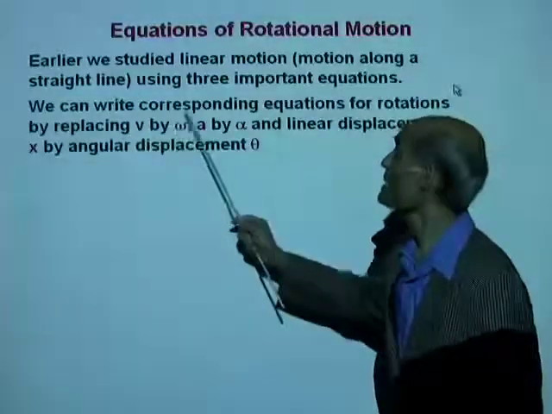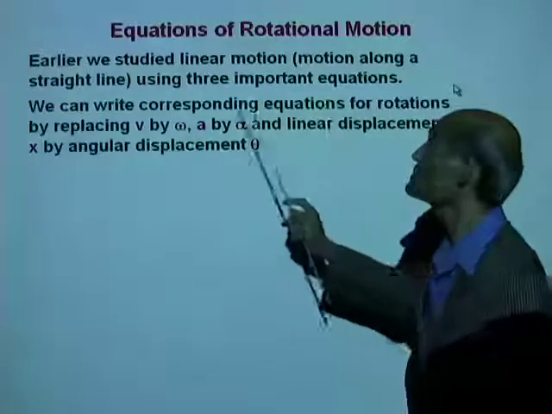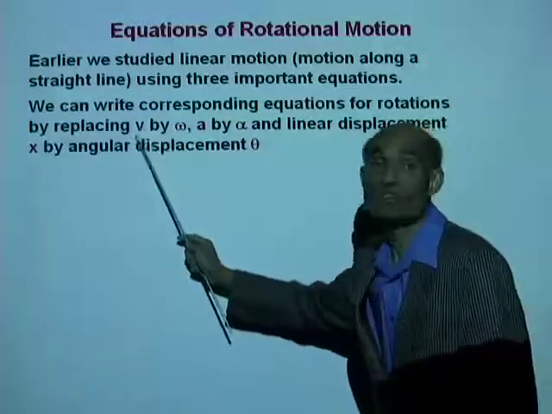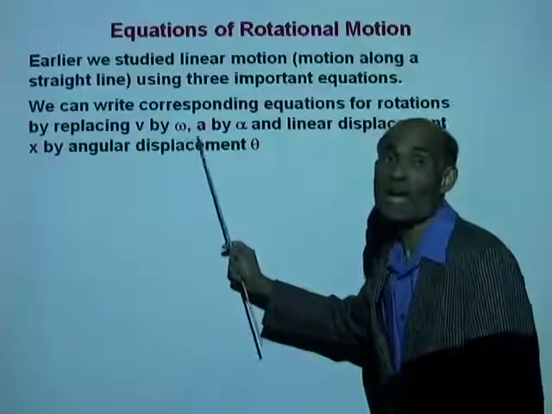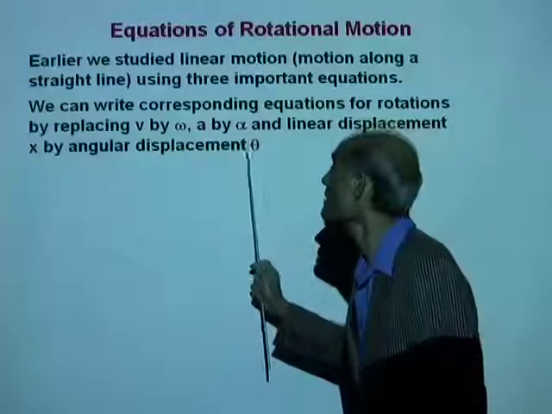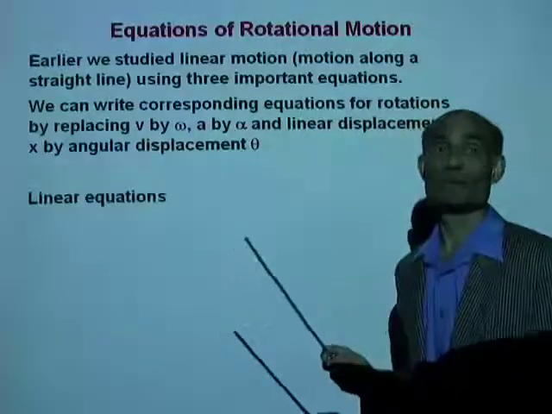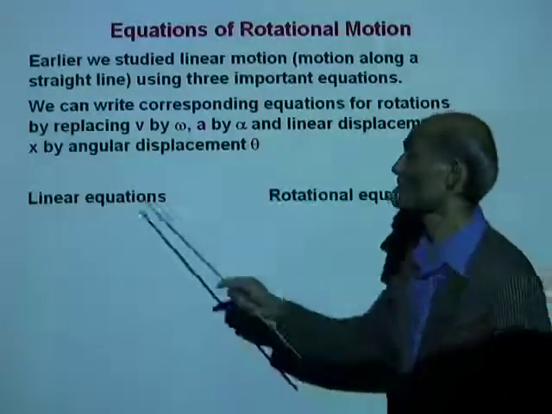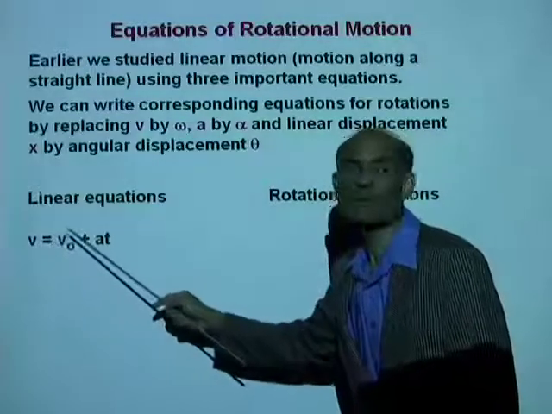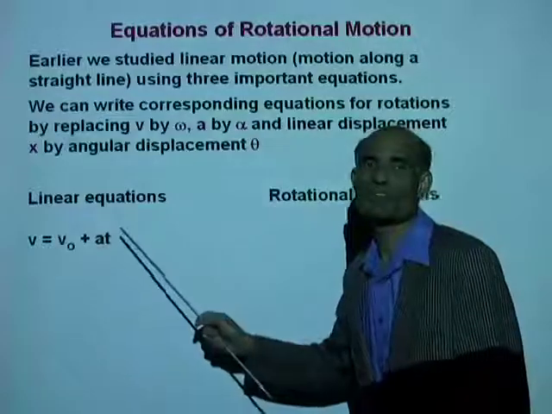Now, we can write corresponding equations for rotational motion by replacing v by omega, a by alpha, and x by theta. Alright, let's write those equations. Linear equations. We've got v equal to v0 plus at.